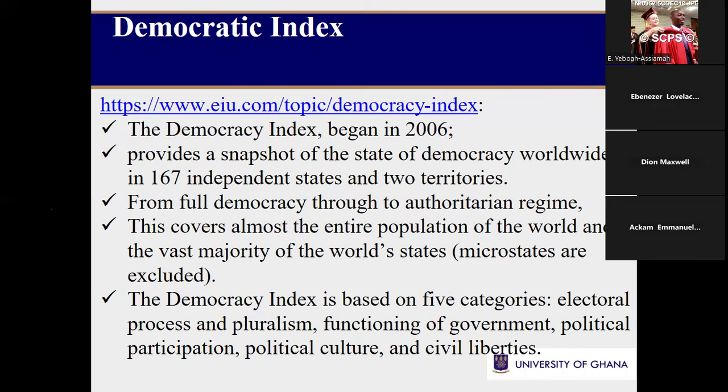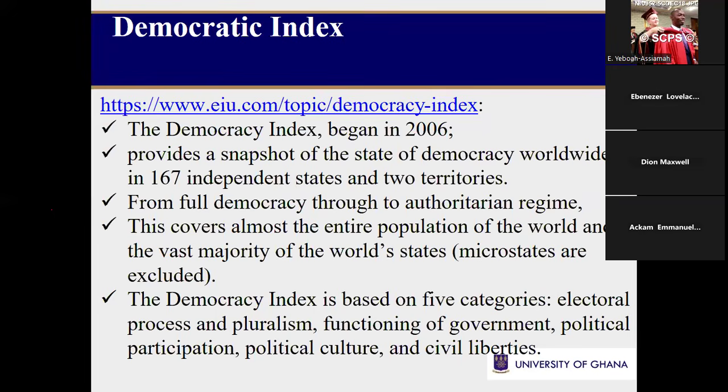Okay, so the 167 independent states are accepted by the constitutive theory, and so there are no two ways about them. But there are 2 other countries which have some question marks, and so the EIU, for political reasons, cannot declare them independent states. And so to be safe, they say 2 territories. But in practice, the 2 territories are also states. Just that, as we mentioned, recognition of states is political.